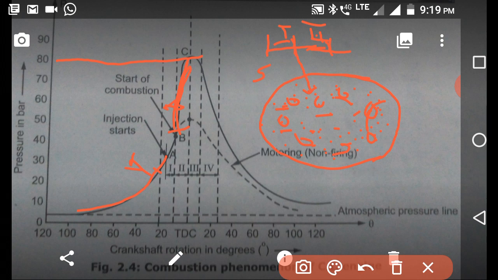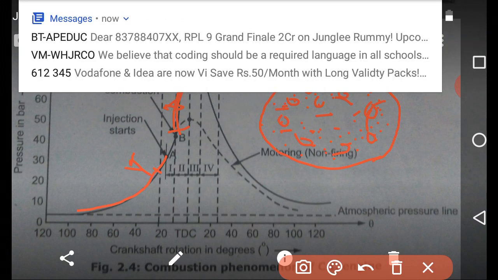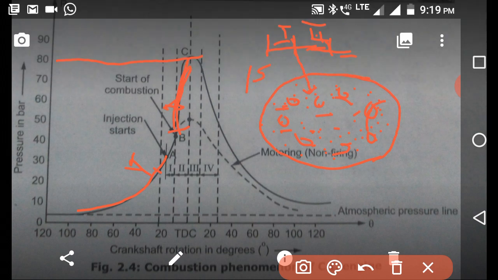Because the fuel injection has not stopped at this point, whatever fuel droplets are injected during this third stage will burn almost as soon as they enter the combustion chamber, because pressure and temperature are quite high inside the cylinder.